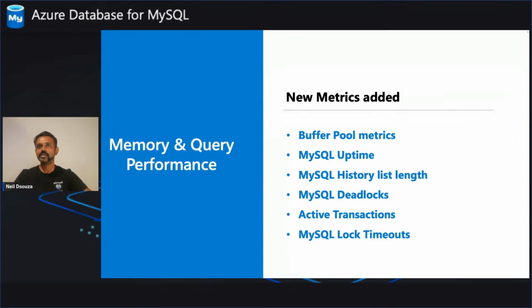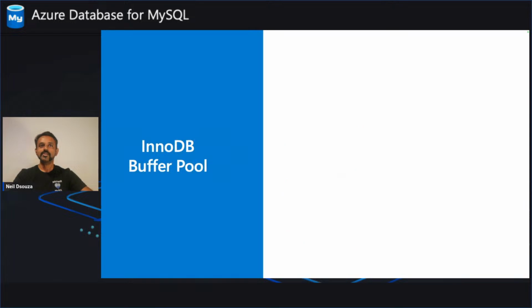Especially for issues with your queries that could lead to deadlocks, you could track stuck transactions or locks using these parameters. We are exposing it to customers, so you can add these metrics in the metrics blade on Azure Database for MySQL, monitor them, troubleshoot those query performance issues, and tune your queries. Let's go to the next slide.